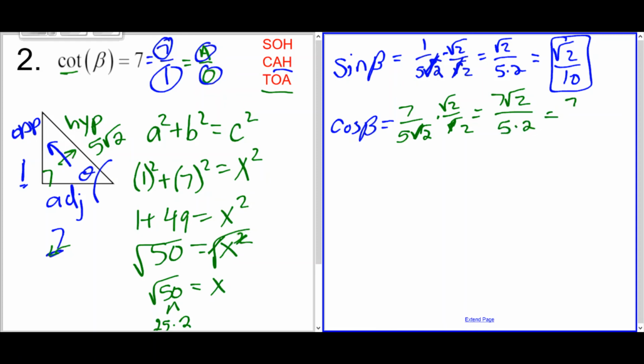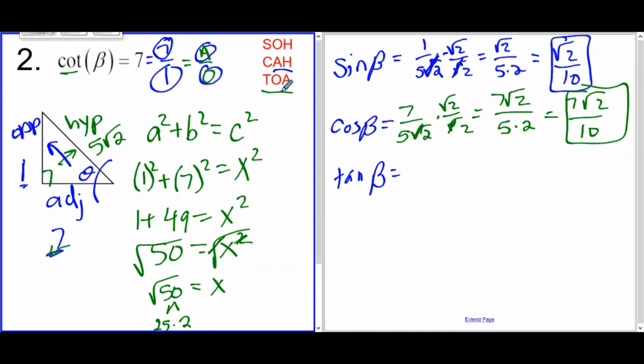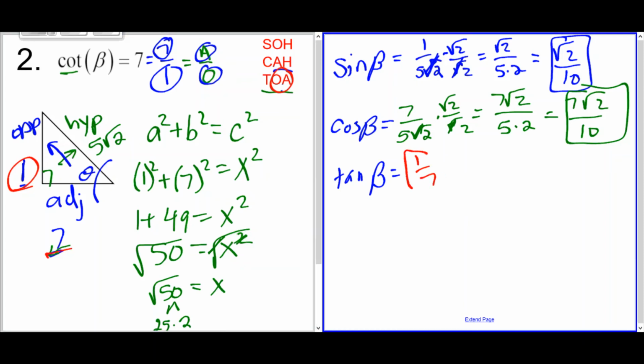So simplifying, this is going to be 7 square root of 2 over 10. Then the tangent of beta. Tangent is opposite over adjacent. So opposite is 1 and adjacent is 7.